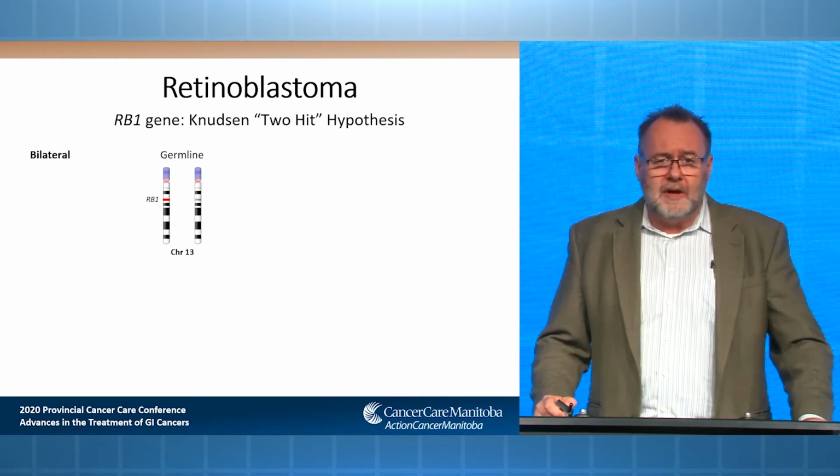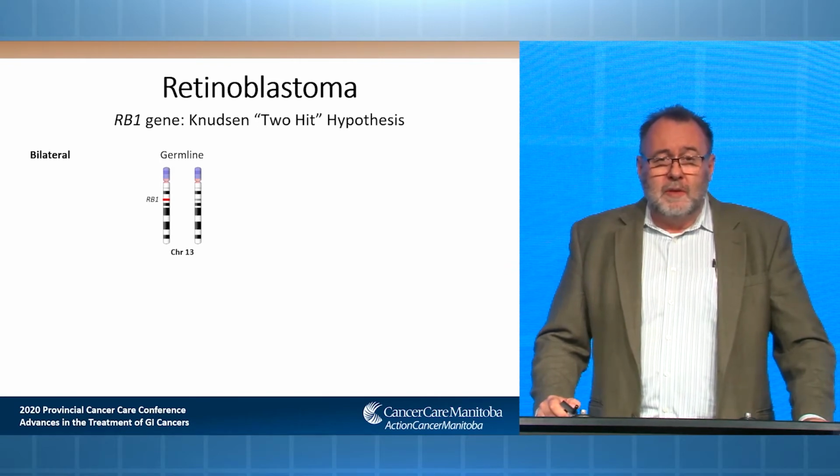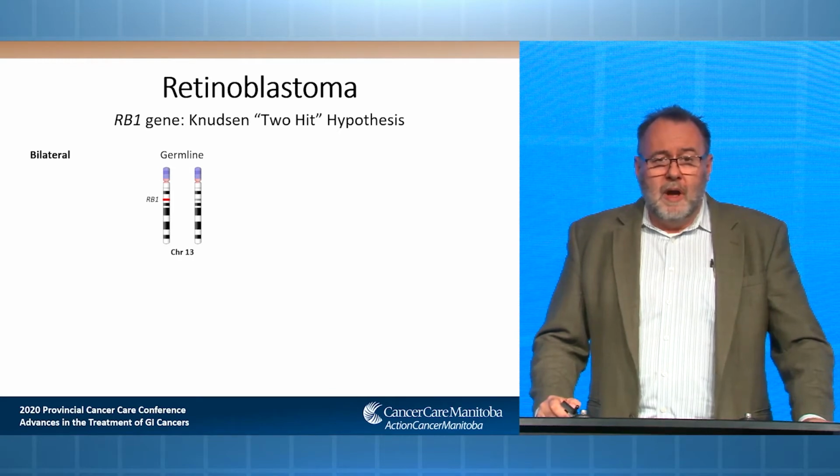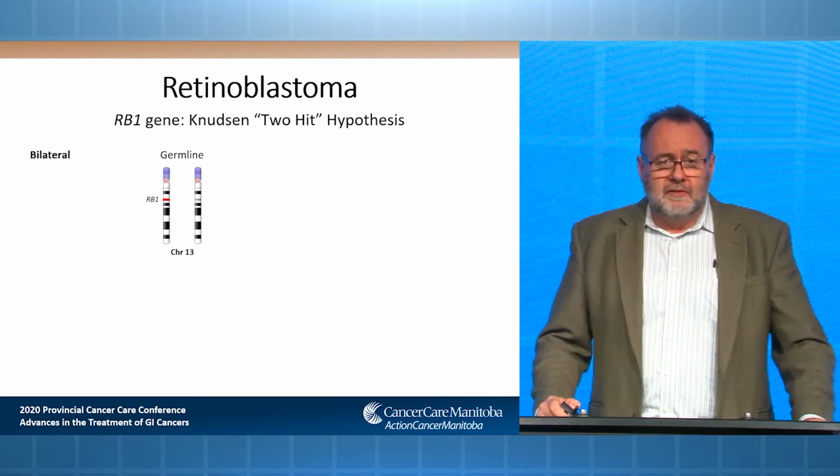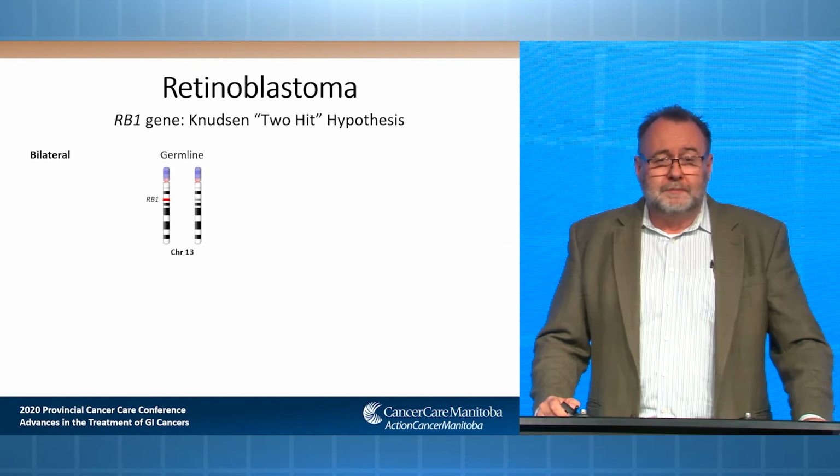So in the cases of bilateral retinoblastoma, children are born with a mutation in one copy of the RB1 gene on one of the chromosomes. The other chromosome has a wild-type copy, so RB1 is functioning at 50%, which is sufficient for normal development.